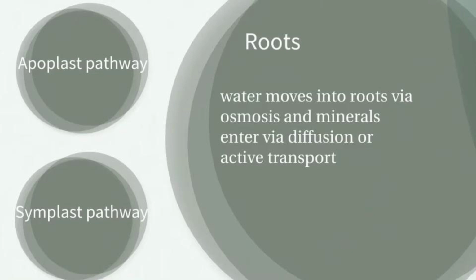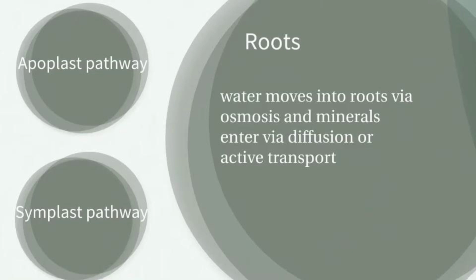Water moves into the roots via osmosis, and minerals can enter via diffusion or via active transport. The roots have a large surface area, which increases the exchange rate. Remember from previous lessons, the larger the surface area, the better for exchange. That is why plants have very extensive root systems to really help with that absorption.